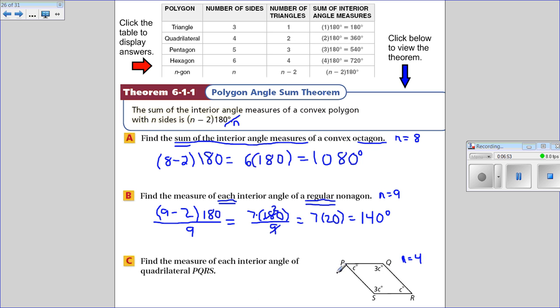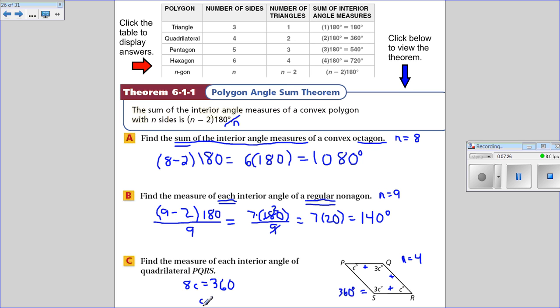Or you could even say that all of these angles added up, 4 angles, have to equal 360 degrees because there are 2 triangles. So C plus 3C plus C plus 3C, well, 4 plus 1 is 5, plus another 3 is 8. So we have 8C equals 360.